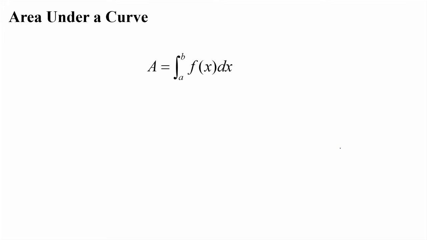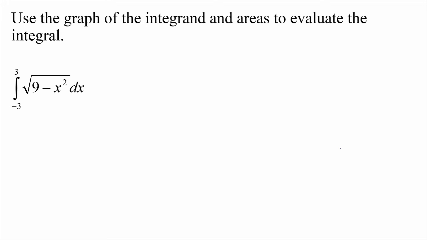Let's try an example. Use the graph of the integrand, which is this part right here, and areas to evaluate the integral. So what this problem is asking us to find is the area under this curve from -3 to 3.